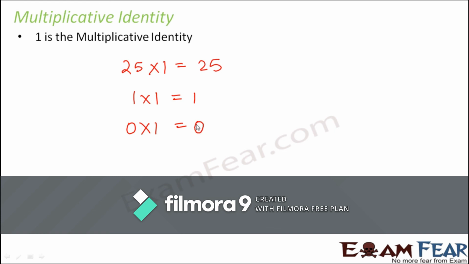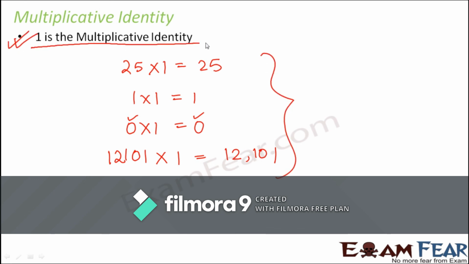So when 0 is multiplied with 1, it becomes 0. So 0 retains its identity. You consider a bigger number like 12,101. When multiplied with 1, it gives 12,101. So that is why 1 is called multiplicative identity. Whenever you multiply it to any whole number, the result will be the same whole number.